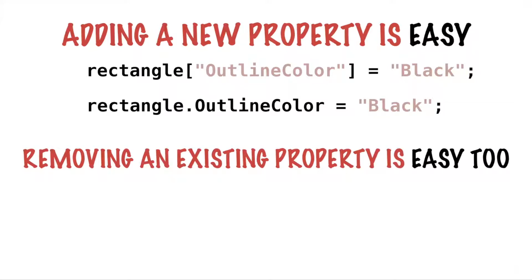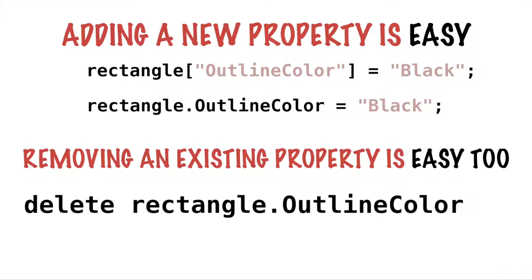It turns out that removing an existing property from an object is really easy as well. And there are mirror images to both of these statements for adding a property. So you can say delete rectangle dot outline color and it will completely get rid of the outline color property on the rectangle object. If you don't like this syntax, there's another option also available for you.